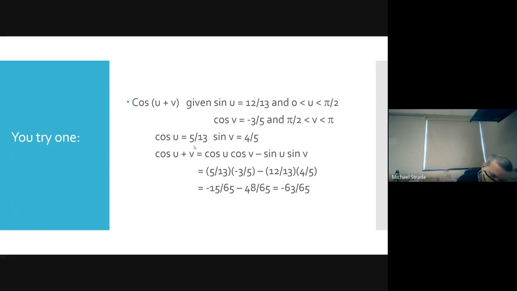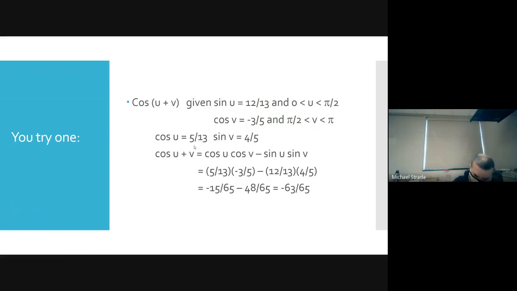That'd be 135 and 30. Switching to 30 and 135, 30 minus 135 would be negative 105. So this would basically become the cosine of 30 minus 135. And then you just do the same thing you did with the formula.